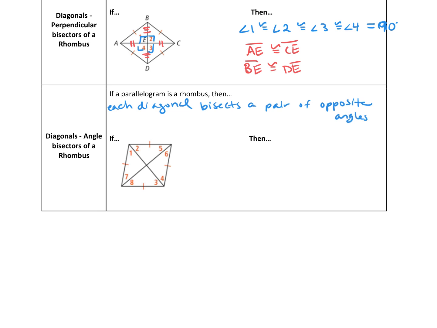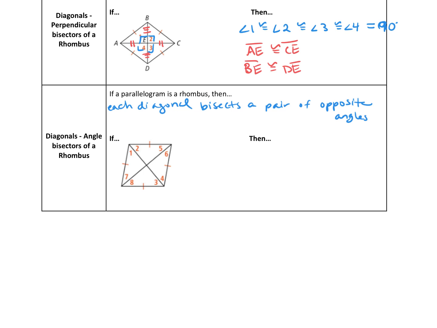All right, so in this picture, what that means is you have your diagonals. Let's look at this diagonal right here. The opposite angles are this angle, and those are going to be bisected.